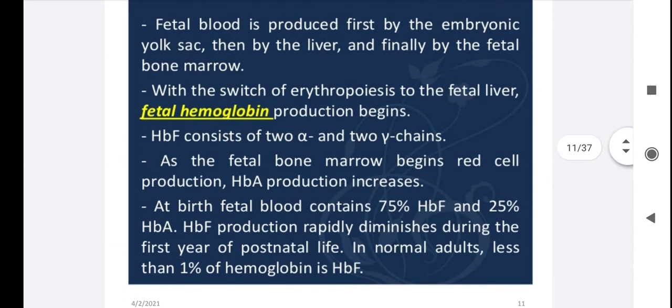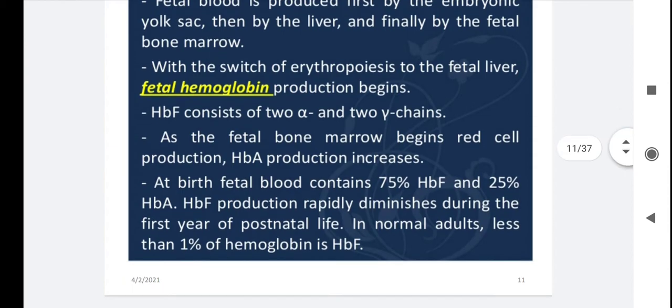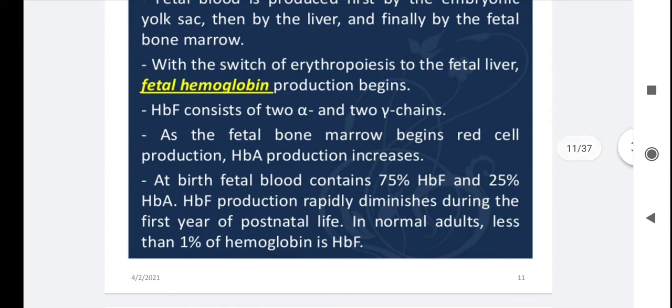Fetal blood is produced first by the embryonic yolk sac, then by the liver, and finally by the fetal bone marrow. With the switch of erythropoiesis to the fetal liver, hemoglobin production began. HbF consists of 2 alpha and 2 gamma chains. As the fetal bone marrow began red cell production, HbF production increased.